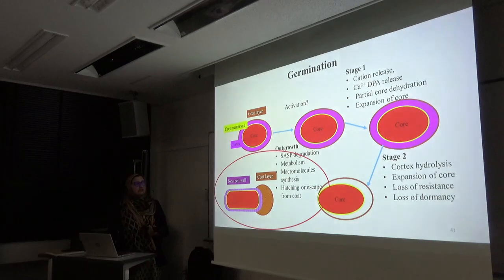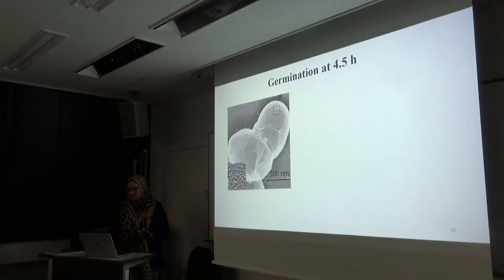The last stage of the germination is the hatching of the new cell. At this stage, the coat layer degrades, and it's still not detached from the new cell, and we could see the cell outside the coat layer. So this is the result, and we could see that this is the budding or hatching.